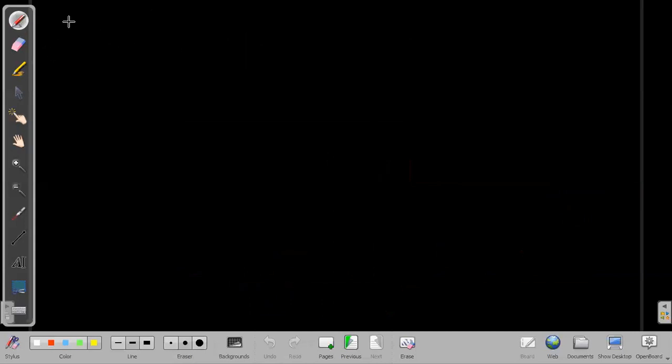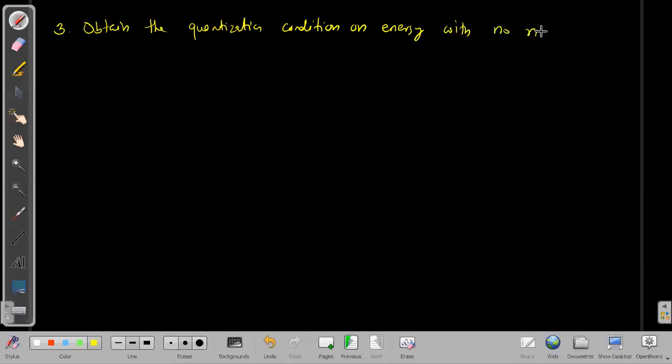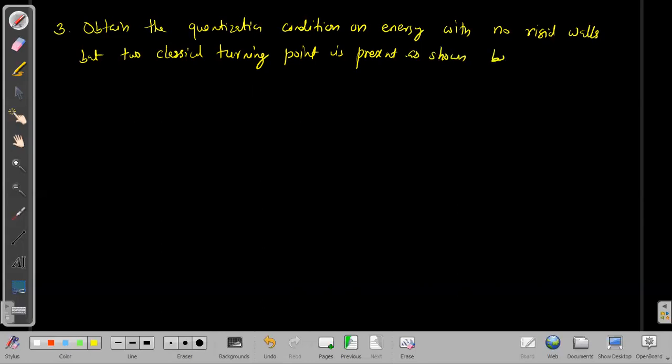Okay, so obtain the quantization condition on energy with no rigid walls, but two classical turning points present, as shown below.